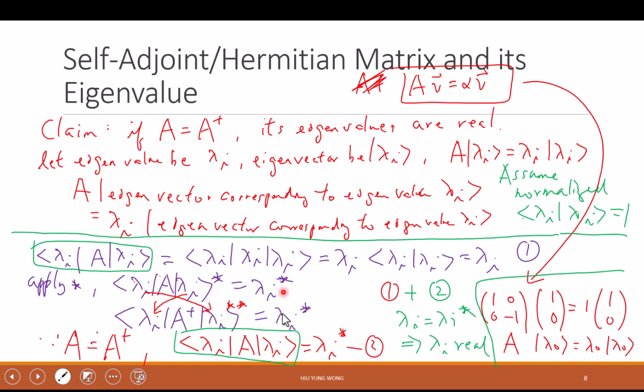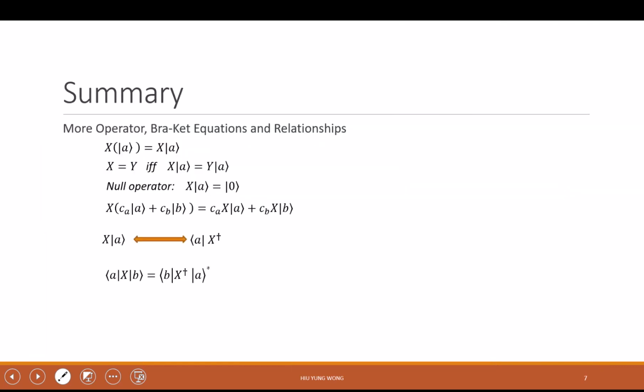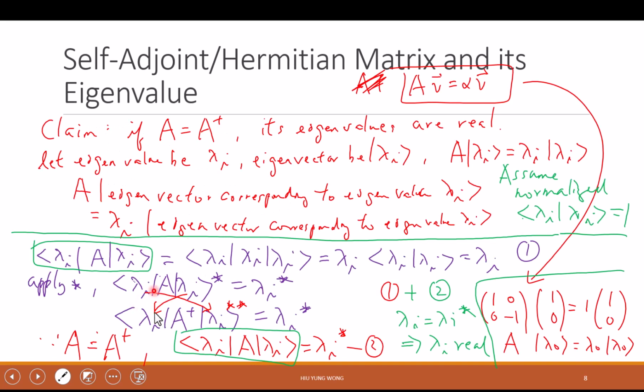Now, in the last slide, I showed you that over here, I can swap them and apply a complex conjugate and make the matrix self-adjoint. So that is what I'm doing. I swap them, but because these two are the same, it's still lambda I. But the A becomes A dagger. I need to add one more complex conjugate, so I have 2 now. On the right-hand side, it is still lambda I star.